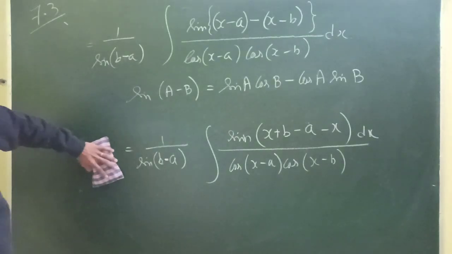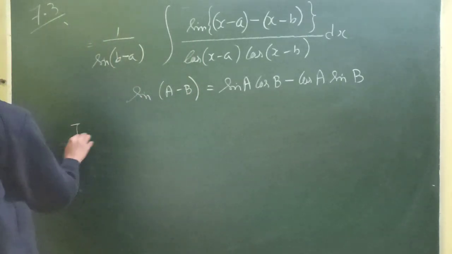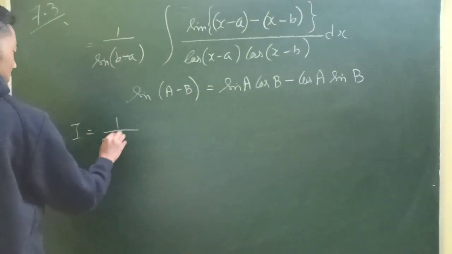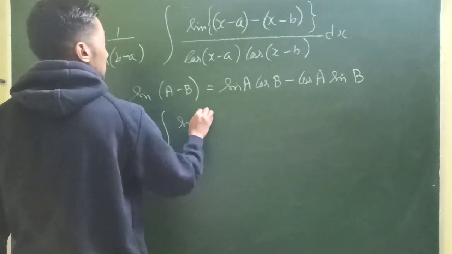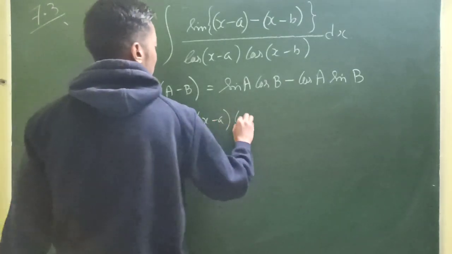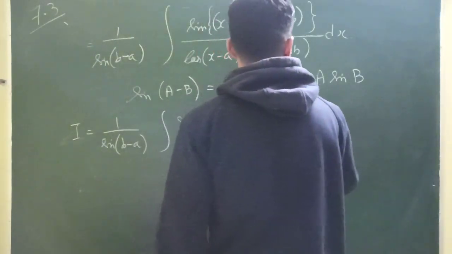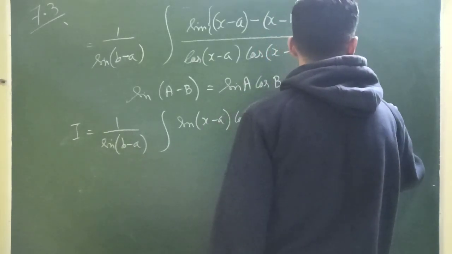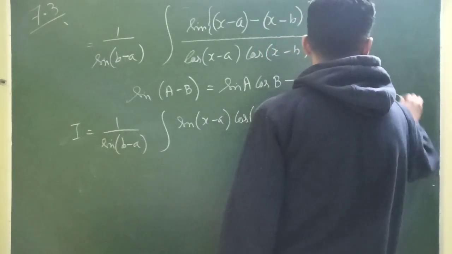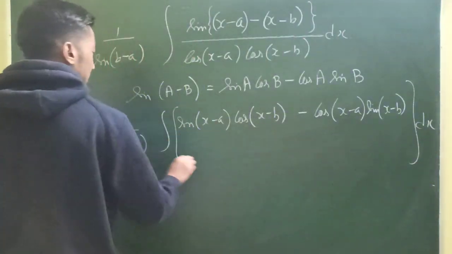We'll use this formula now, expand and see what we get. 1 by sine of b minus a, integration of sine a cos b minus cos a sine b with respect to x.